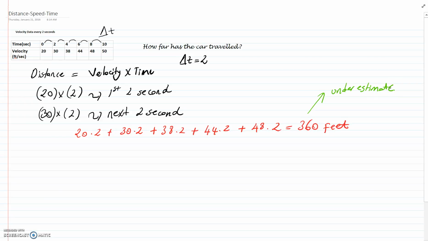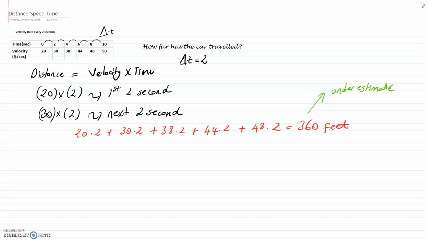because the distance traveled during those 10 seconds will be an underestimate, because during the first 2 seconds the car velocity was at most 30 feet per second. So it should be going 30 times 2, 38 times 2, 44 times 2, 48 times 2, and 50 times 2. Could be some other number.